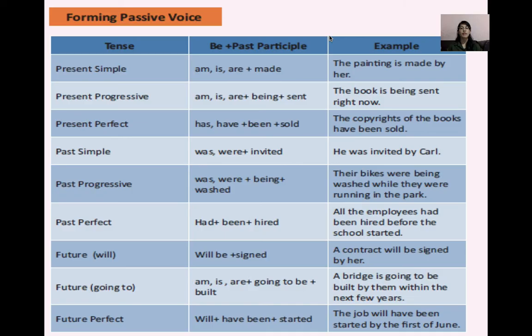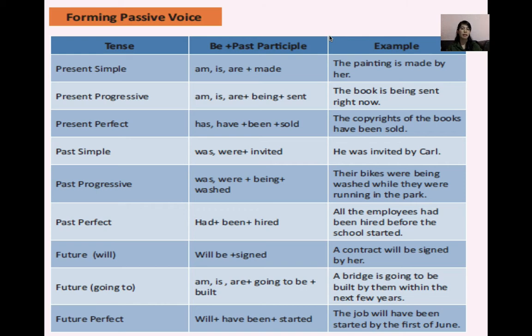So let's see forming passive voice. There are tenses, be plus past participle, and examples. For the present simple: am, is, are plus made. The example: their painting is made by her. And present progressive: am, is, are plus being plus sent.